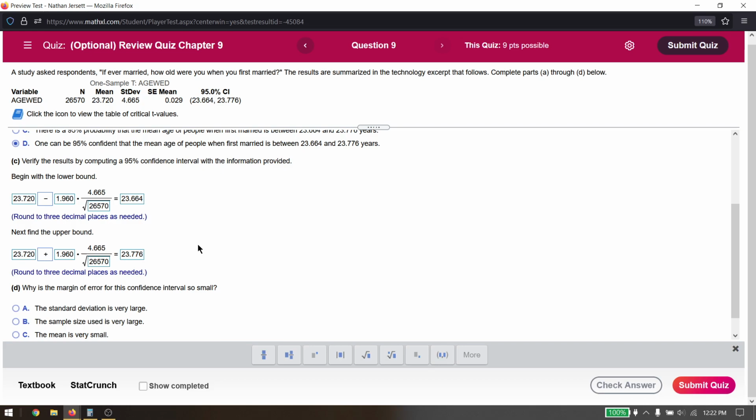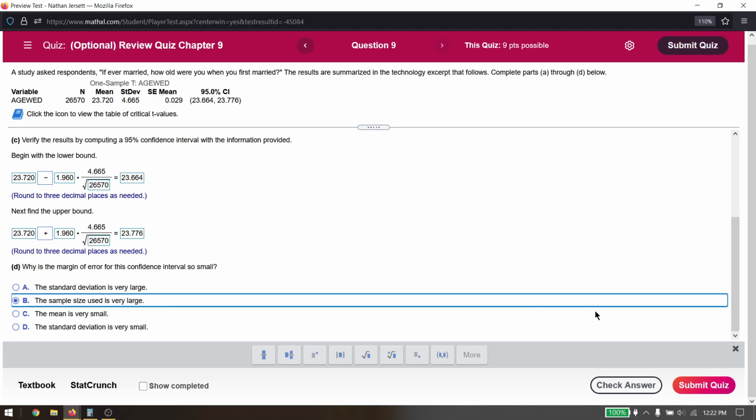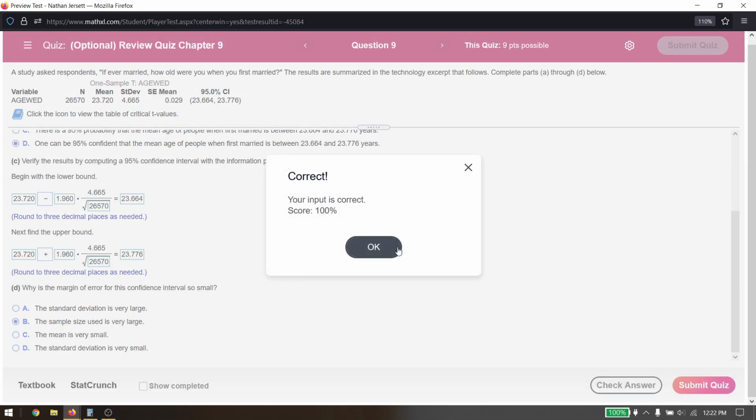And there we go. All right, why is the margin of error for this confidence interval so small? That should be clear because the divisor, which is n, is extremely large. The sample size used is very large. And that's all correct.